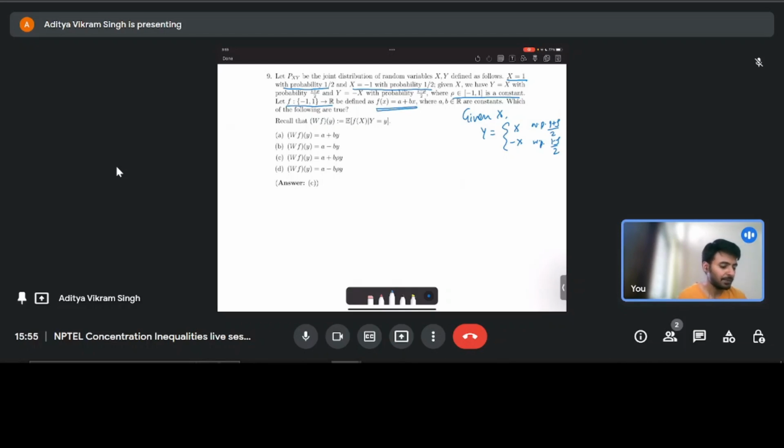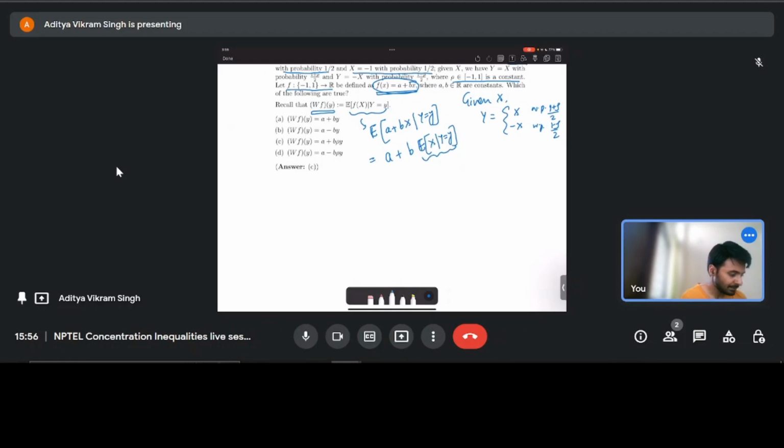Okay, so we want to compute this WF of y for this linear function. WF of y is the expected value of f of x given y equals y. And what is f of x? It's a plus b x, so given y equals y, this is the same as a plus b times the expected value of x given y equals y. So we basically want to compute the expected value of x given y equals y.